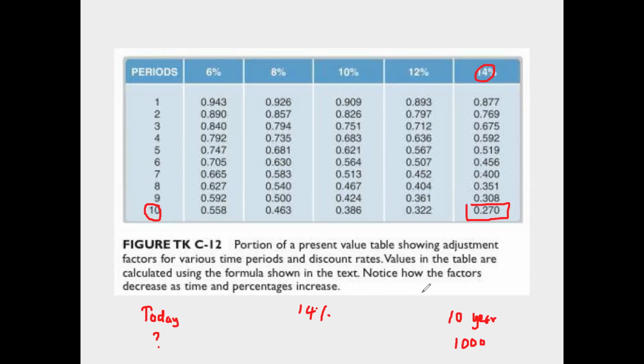Which means to get 1, you have to have 0.270. To get 1,000, you have to multiply by 1,000, so you get 270. So the idea is you have to have 270 today to get 1,000 after 10 years. Good if you can figure this out. Now I think I can explain the calculations. Let's move on.